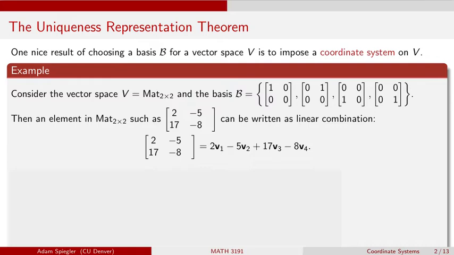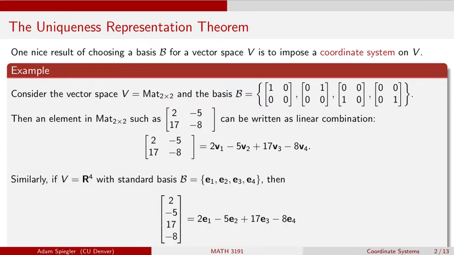And this has a very similar geometry to R4. So if V is equal to R4, and we pick the standard basis for R4, then this matrix in this more abstract looking vector space is going to look just like this column vector 2, minus 5, 17, minus 8 in R4.